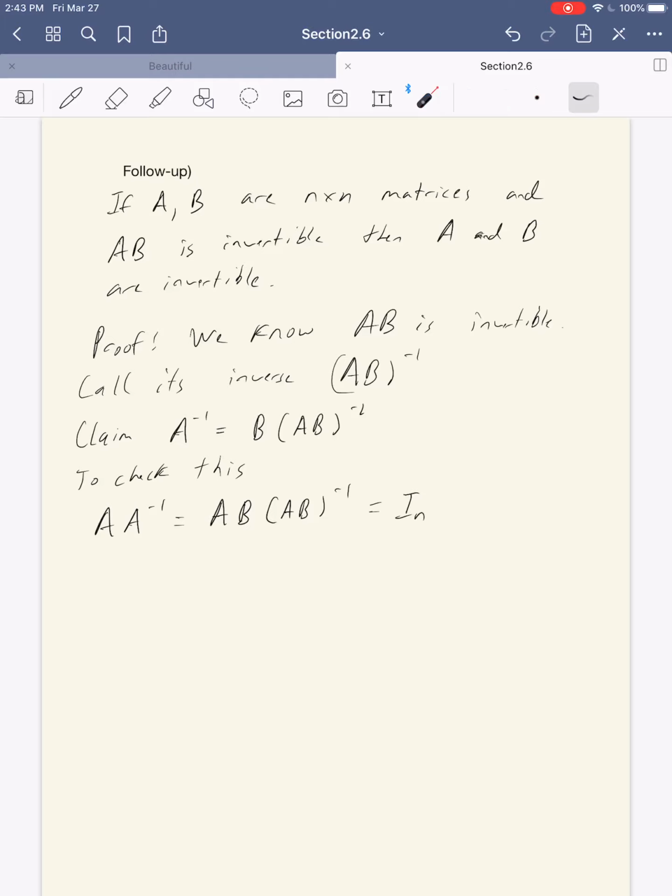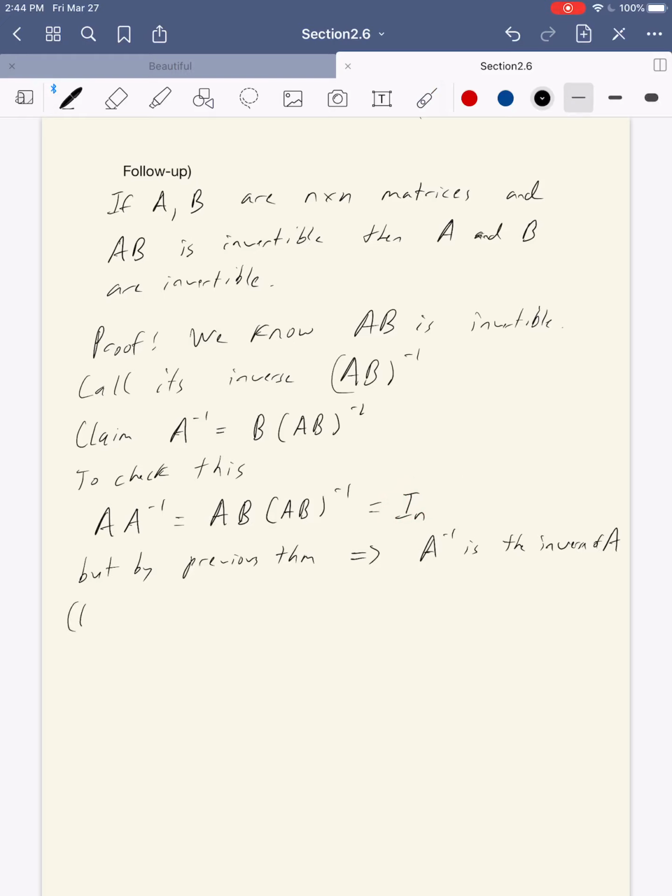Well, normally we would then need to show that A inverse times A gives us the identity matrix. But by the previous theorem, this implies A inverse is the actual inverse. We don't need to do anything else because we just showed in the previous theorem that as long as you do it on one side and show that it becomes the identity matrix, that is sufficient.